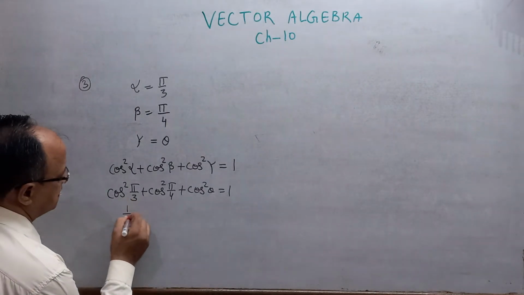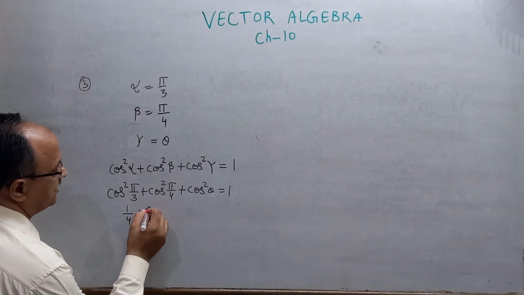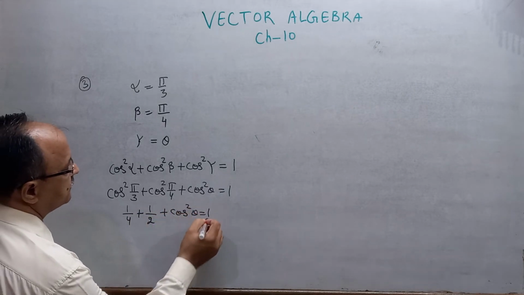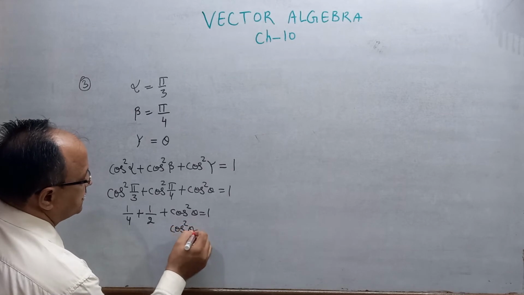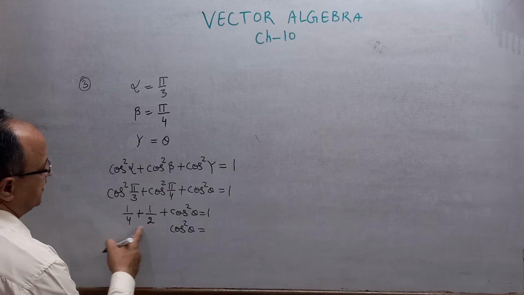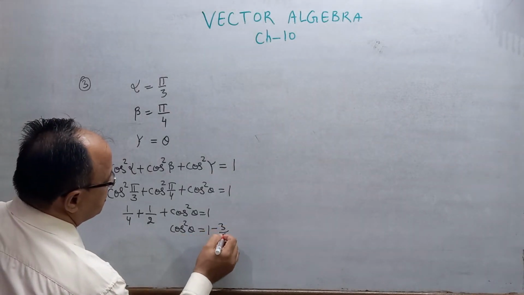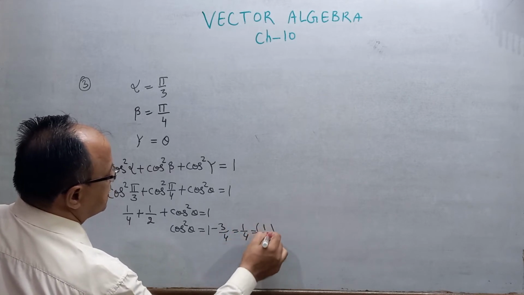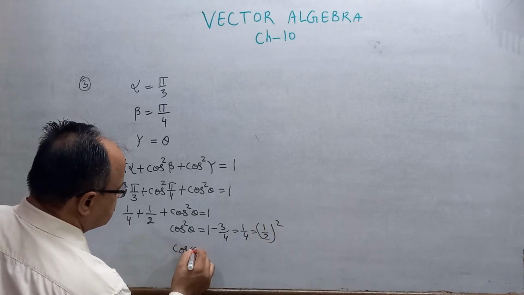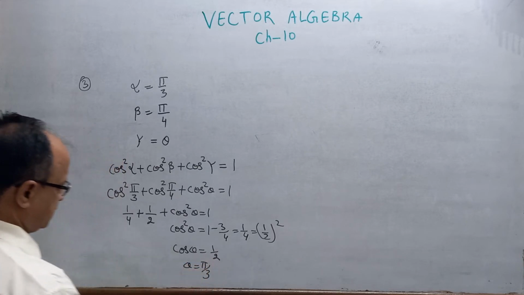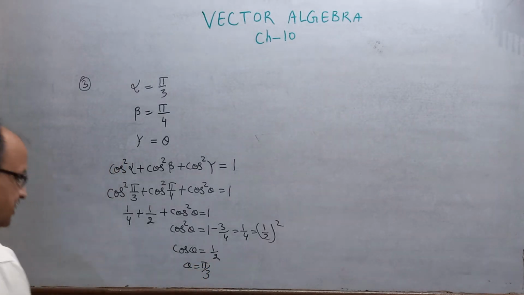Cos 60 is 1 by 2, square 1 by 4, 1 by root 2 square 1 by 2, plus cos square theta is equal to 1. Therefore cos square theta is equal to 1 minus 3 by 4, which is 1 by 4, equal to 1 by 2 whole square. Therefore cos theta is equal to 1 by 2, and theta is equal to pi by 3.